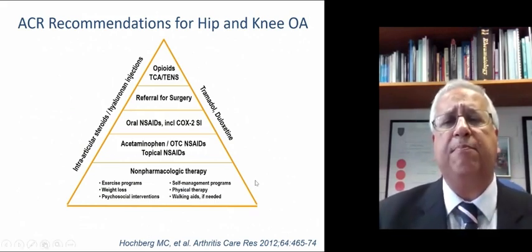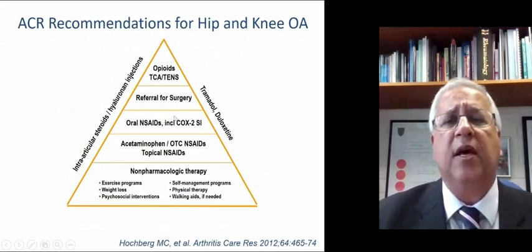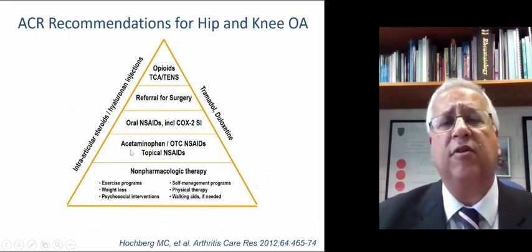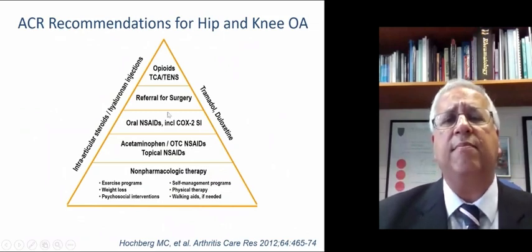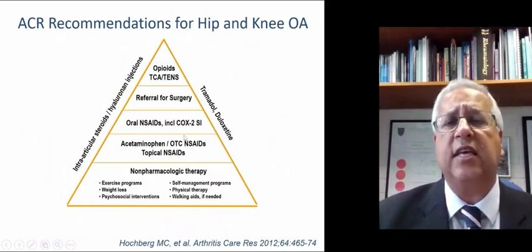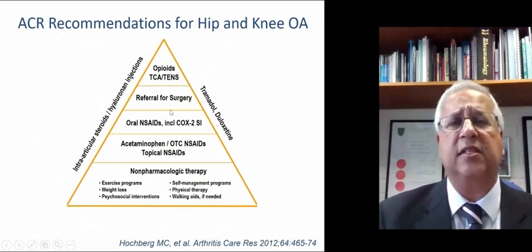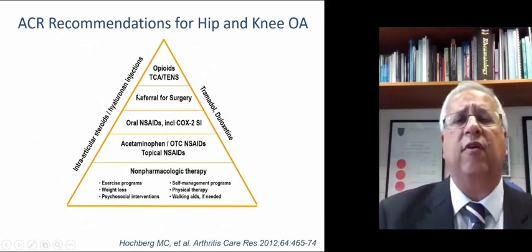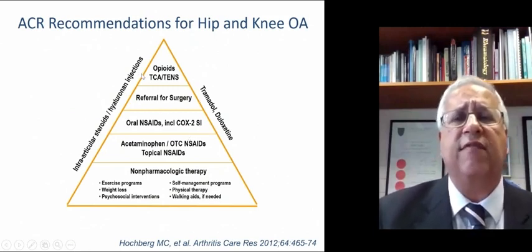These comprise the base case scenario. You then add paracetamol or acetaminophen with topical NSAIDs. You then move to oral NSAIDs, including the COX-2 inhibitors, and then surgical referral with opioids at the very top of this pyramid.